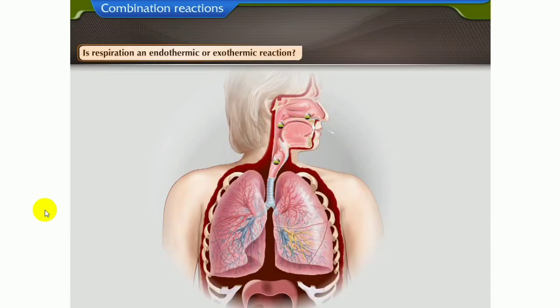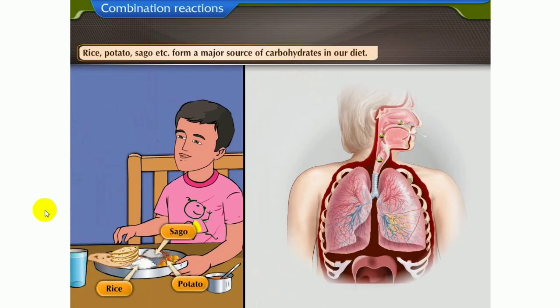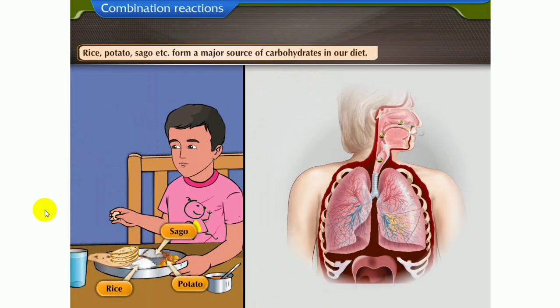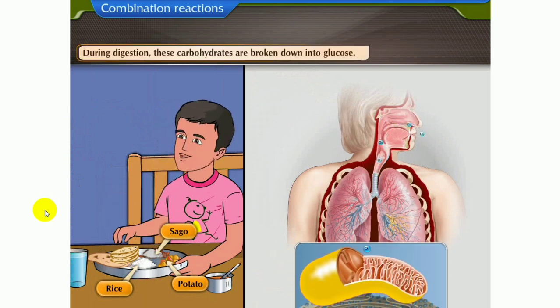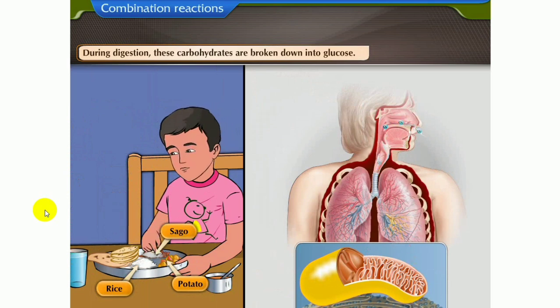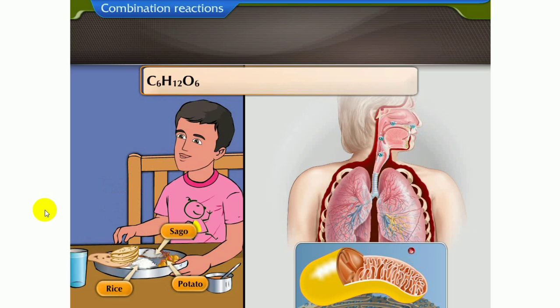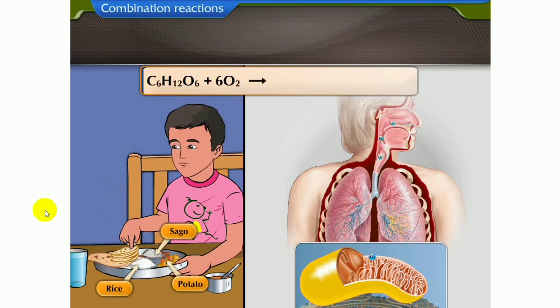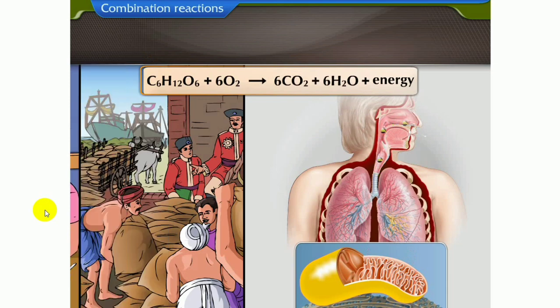Is respiration an endothermic or exothermic reaction? Rice, potato, sago, etc. form a major source of carbohydrates in our diet. During digestion, these carbohydrates are broken down into glucose. When the process of respiration takes place, glucose combines with oxygen in our body and liberates heat and energy.